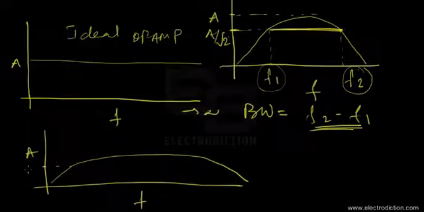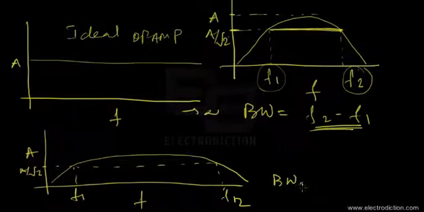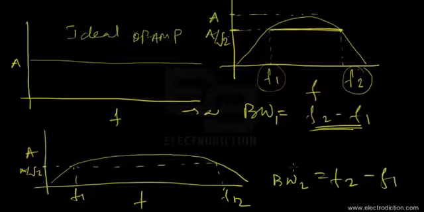If we just take this as the 1 by root 2 point, it would have a comparatively larger bandwidth over here. If this is f1, a low frequency, and f2 over here, I'll call this bandwidth 2 and this one bandwidth 1. So we can see that bandwidth 2 is greater than bandwidth 1.